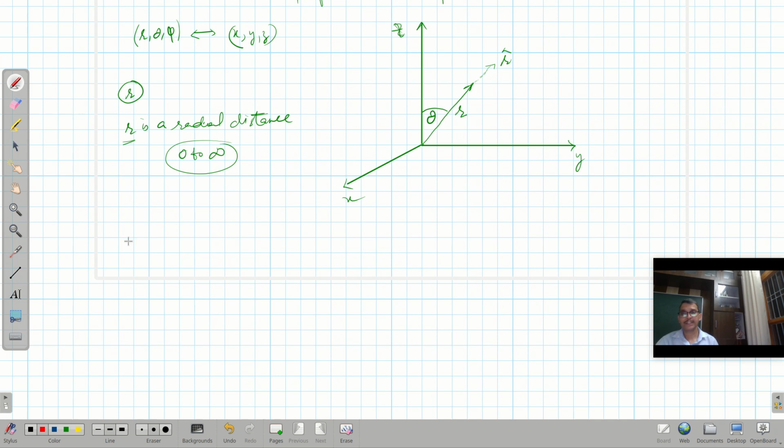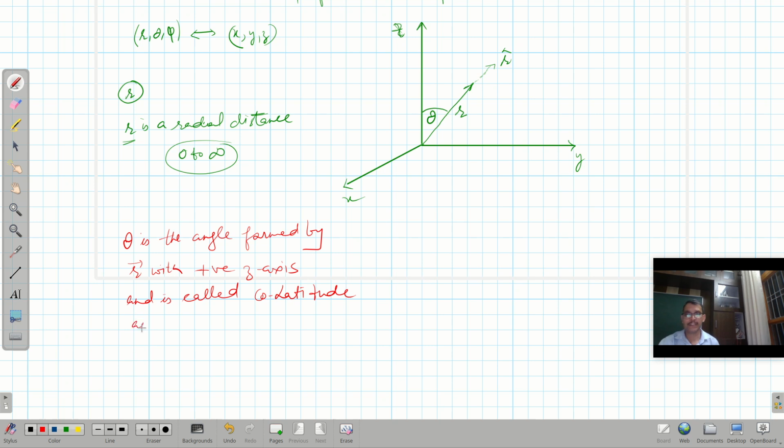So what is theta? Theta is the angle formed by r vector with positive z axis and is called co-latitude angle or zenith angle.